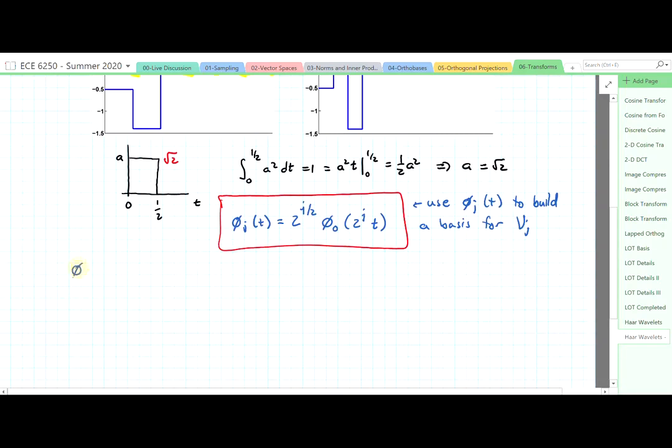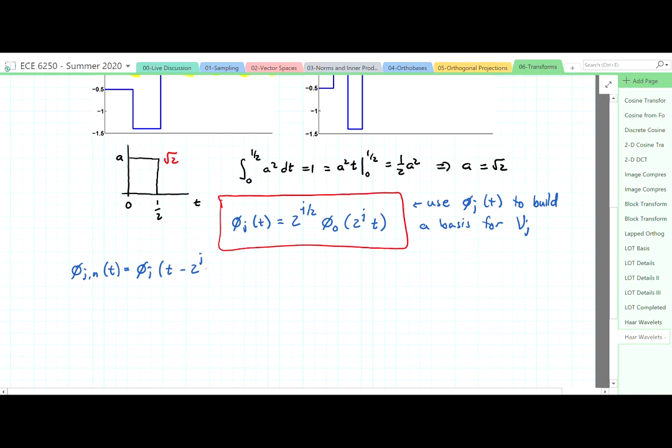So, building this basis is going to be just like we did before. T is equal to Vj t. Now we wanted to do an integer, but we can't do an integer anymore because it's not an integer width.